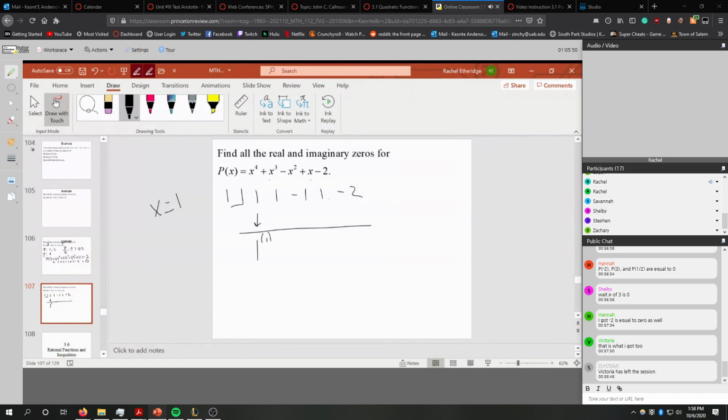So I'm going to multiply by 1, bring it over to the next slot and add, multiply by 1, add, multiply by 1, add, and I got a 0. And I knew I should have gotten a 0. So now I'm going to go x cubed plus 2x squared plus 1x plus 2. So I know that x equals 1 is one of my zeros.